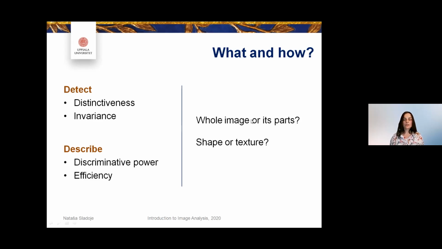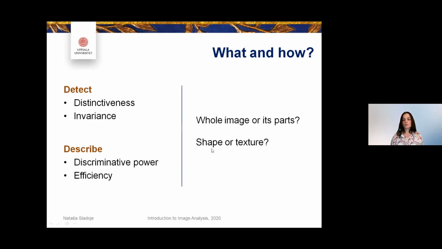Another big separation or classification of the main directions in feature extraction is, as already mentioned, are we describing the whole image? Are we extracting features from the whole image? Or are we looking at its parts, maybe segmented objects?